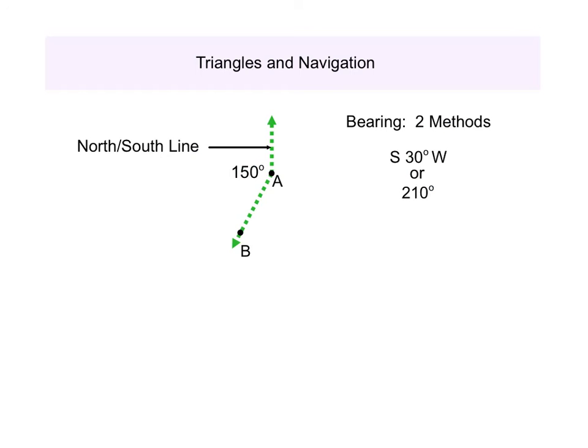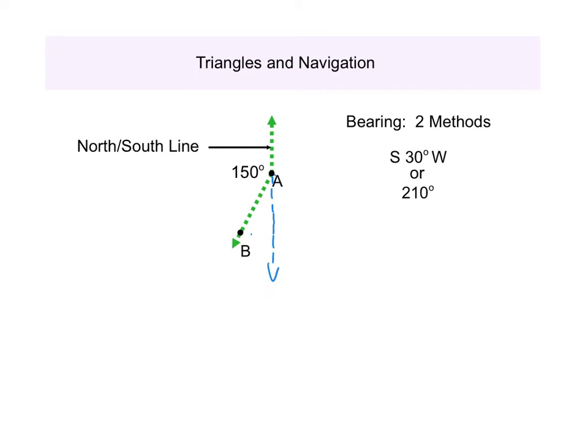Now I've moved where B is again, and I want to state using my two methods what the bearing is from A to B. So at A is where I'm starting, and I want to state with my first measurement, it's always the acute angle formed with either the north or the south line.